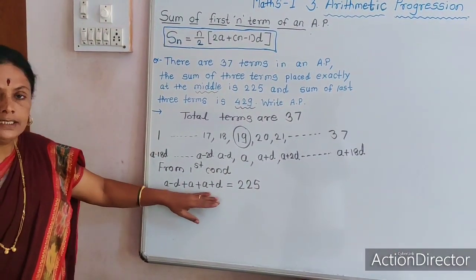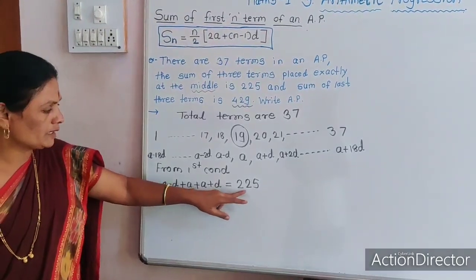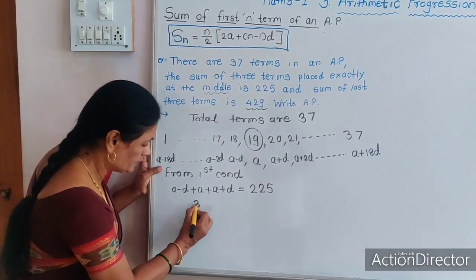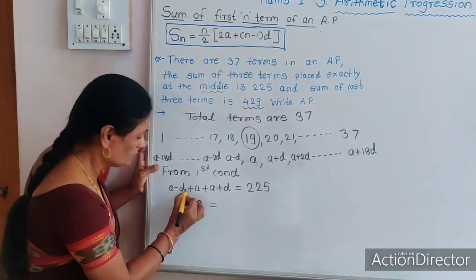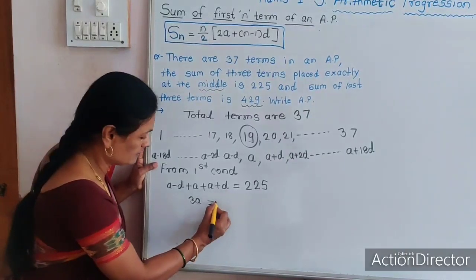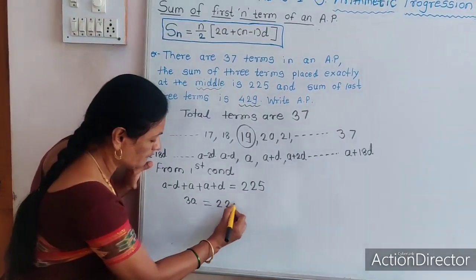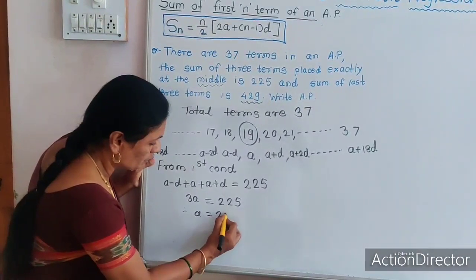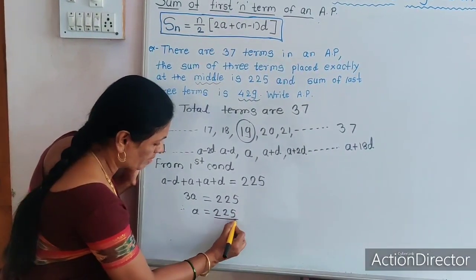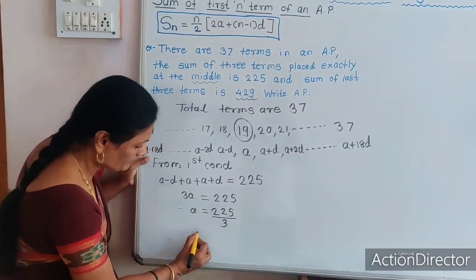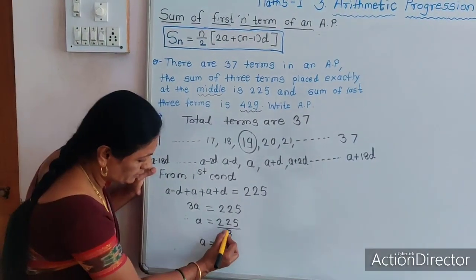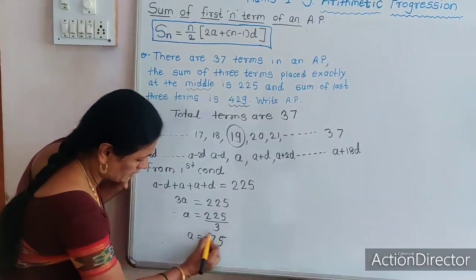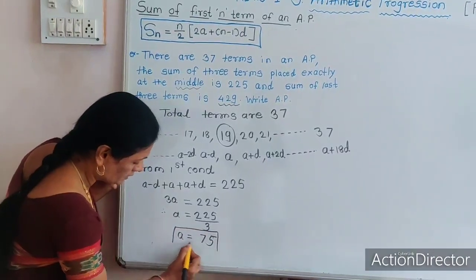The sum of these three terms is 225. That is, A plus A plus A is 3A, and minus D and plus D cancel. 3A is equal to 225. Therefore, A is equal to 225 upon 3, that is the value of A is equal to 75.